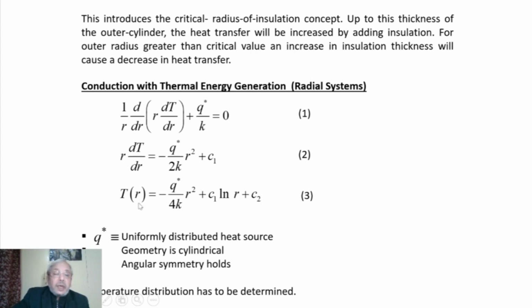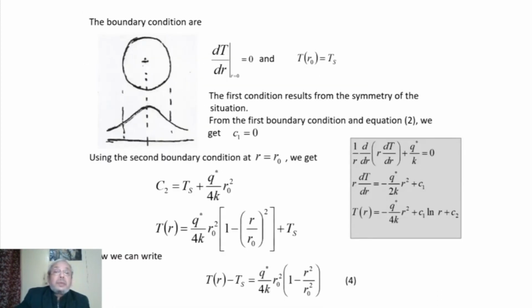This is quite obvious, and here q star is a uniformly distributed heat source, the geometry is cylindrical, and angular symmetry holds good. So the temperature distribution we have found out.